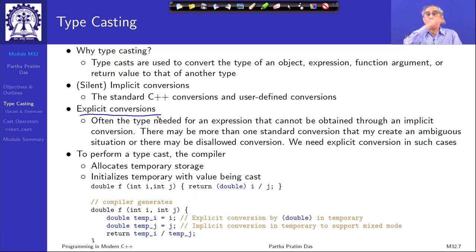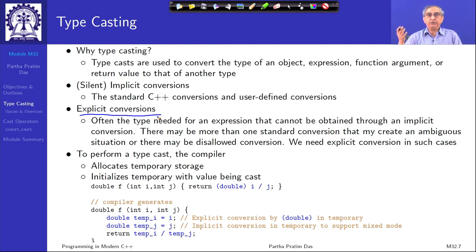Or there may be two ways to do the conversion. If those kinds of things exist, then the compiler feels that it is getting confused, because certainly the compiler does not want to assume something which the programmer did not really mean.